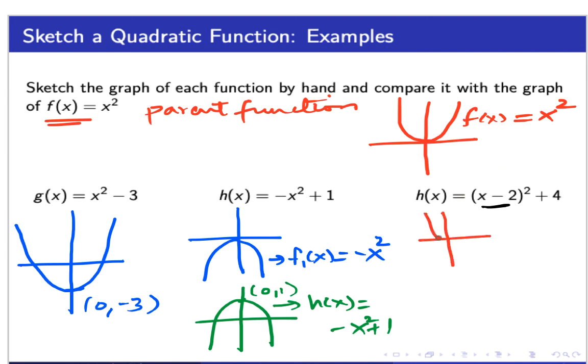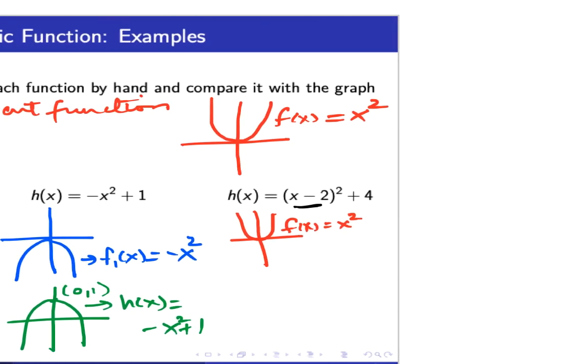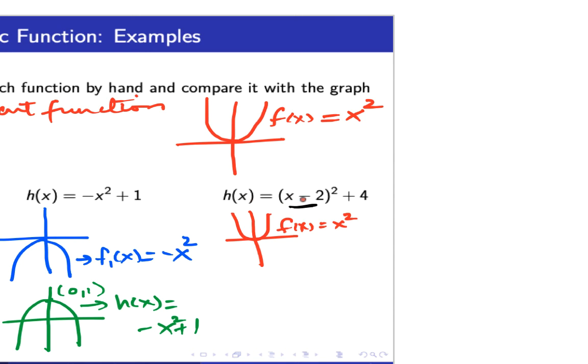So this graph is my parent graph, say f(x) equals x squared. Now the next step we're doing is moving the graph, this parabola, to the right by 2 units.